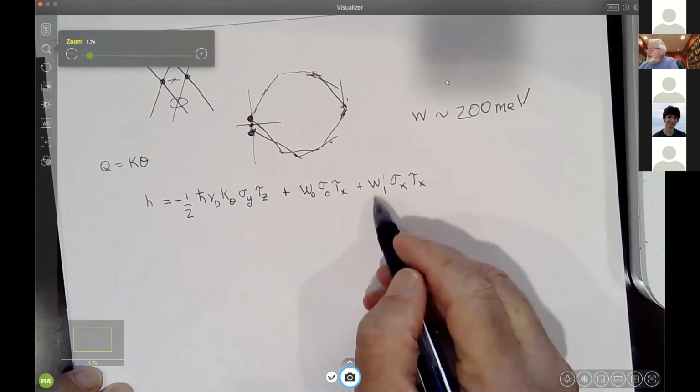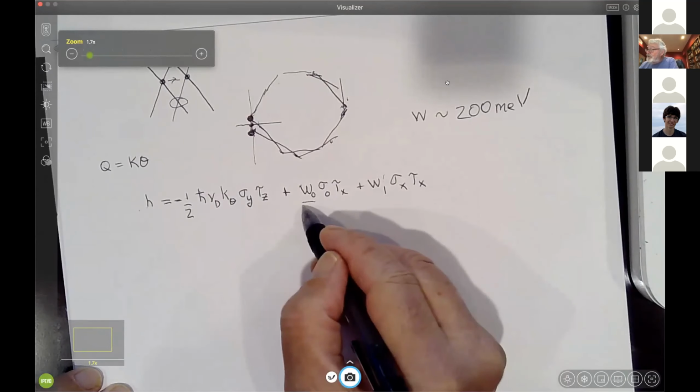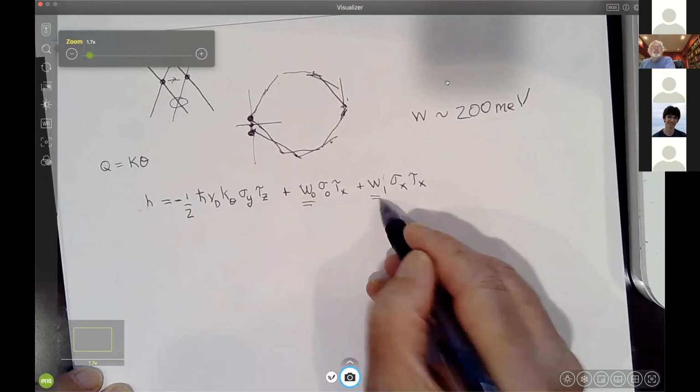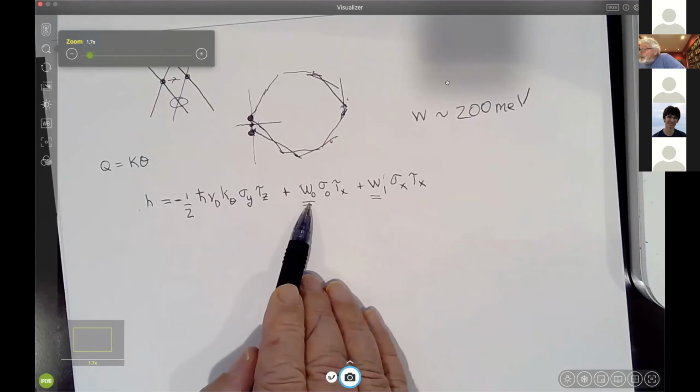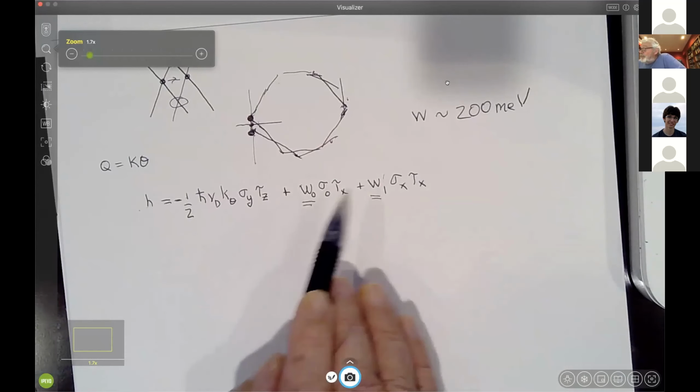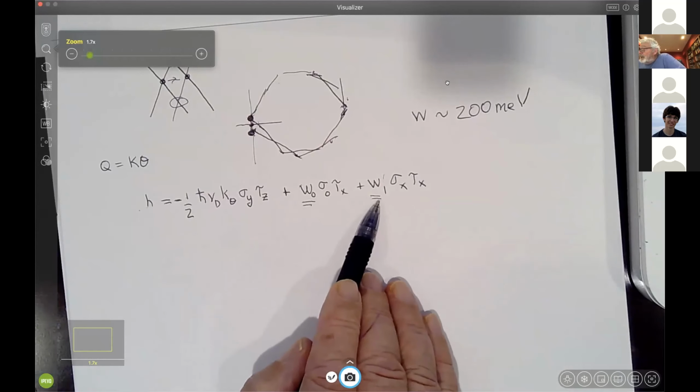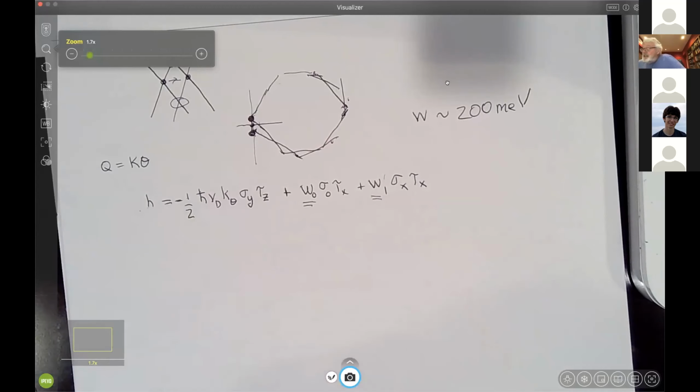And the reason I separate these coefficients, W0, W1, is connected to one of the important corrections to the simple model. And that is we know there are effects that reduce the tunneling within the same sublattice somewhat compared to tunneling between different sublattices.